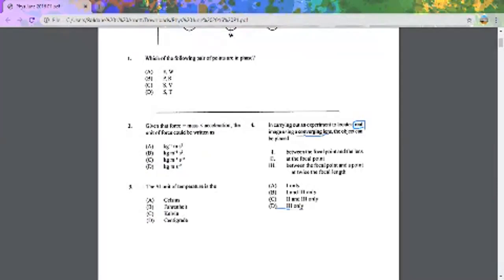Yes. If you should place an object at a point less than the focal point, you would get a virtual image and not a real image. You have to place it beyond the focal point. Moving on. So the answer here is D.